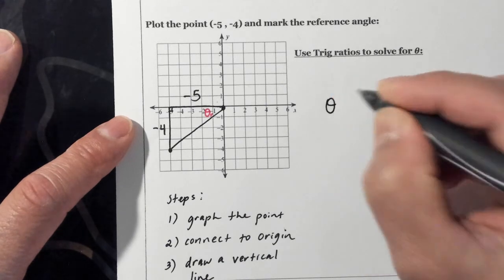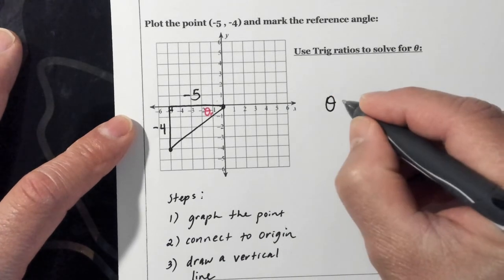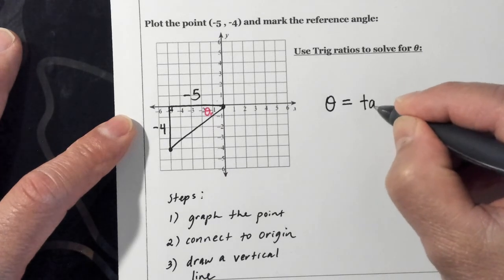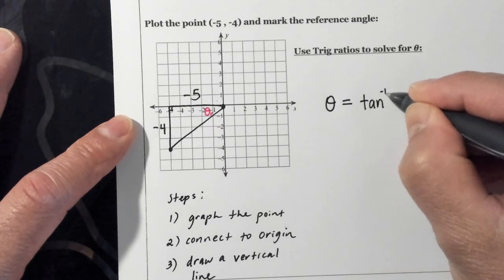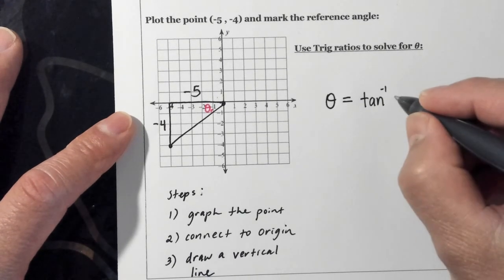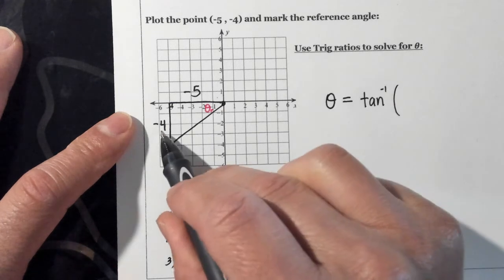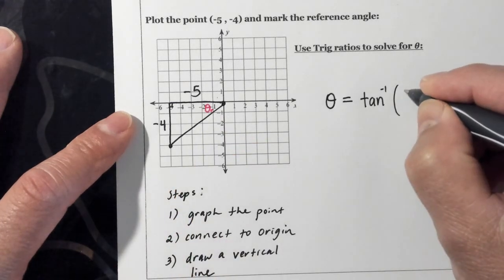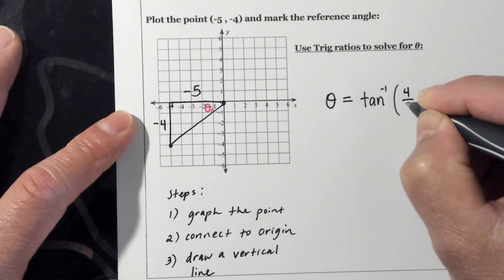So theta, or theta sub r, whatever you want to write, is equal to inverse tangent. It looks like an exponent. It's not. Of opposite over adjacent.